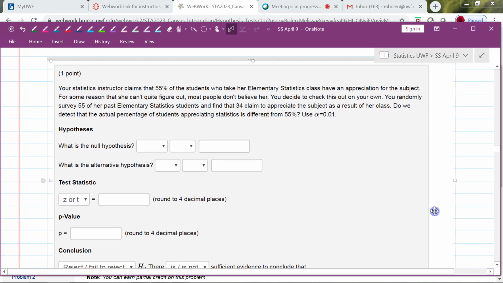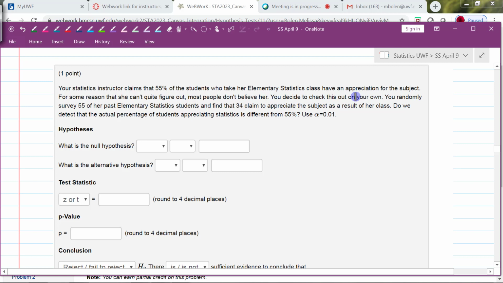Okay, so it says your statistics instructor claims that 55% of the students who take an elementary statistics class have an appreciation for the subject. We all know that that's a low estimate. All of you guys love the subject, so it would be much higher. For some reason, she can't quite figure out, most people don't believe her.